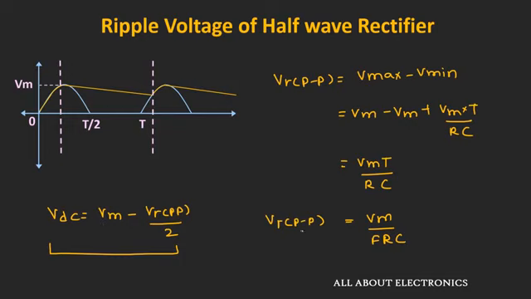Now usually this ripple voltage used to be in the millivolts, and the peak value of the waveform used to be in volts. So most of the time this second term used to be very small, and in many cases it can be neglected. So in most of the cases this VDC will be roughly around Vm.